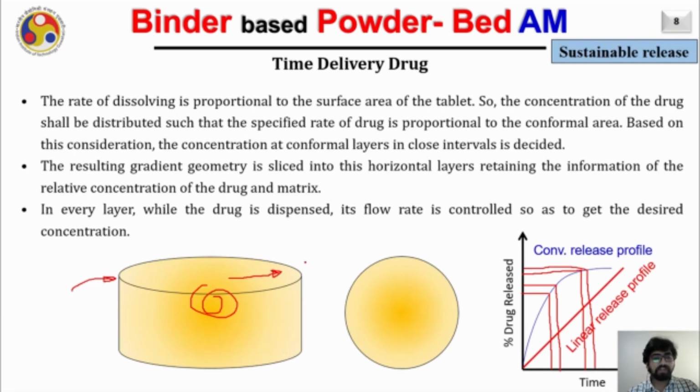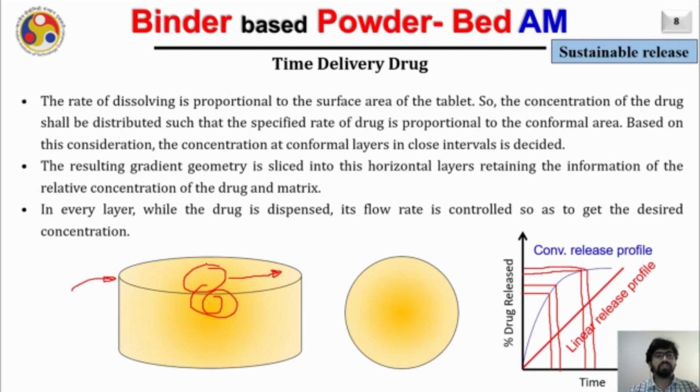In the beginning, when the tablet starts dissolving, it will have a large surface area. Therefore, the amount of drug released will be proportional to the surface area. As the surface area is high, the amount of drug will be some value, maybe A. Then after some time, the drug might have reached another location because it has already been dissolved. Now the surface area has reduced.